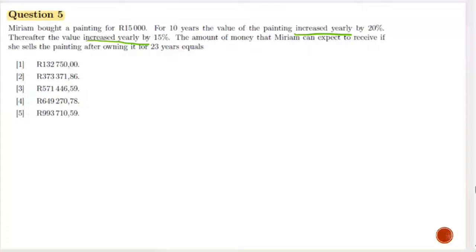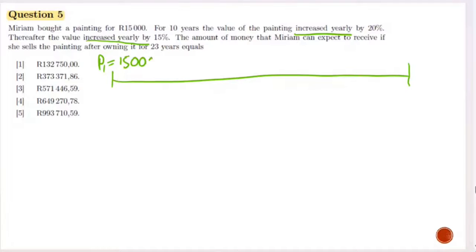Okay. So in my timeline, I've got my first present value. The first present value when Miriam was buying this was 15,000. This is the time when she's starting. For 10 years this thing runs.